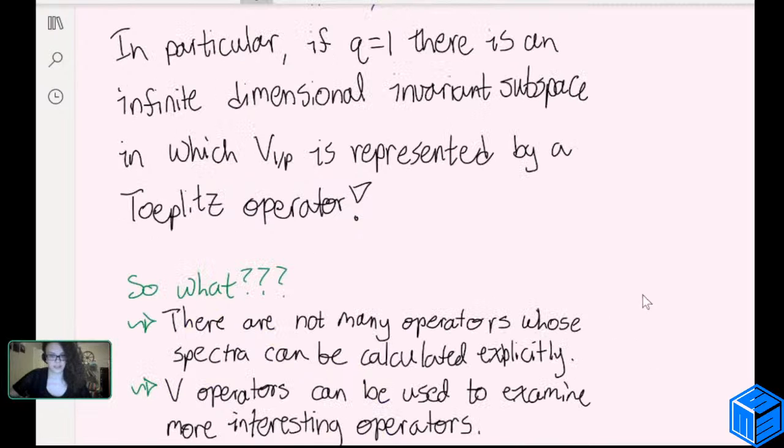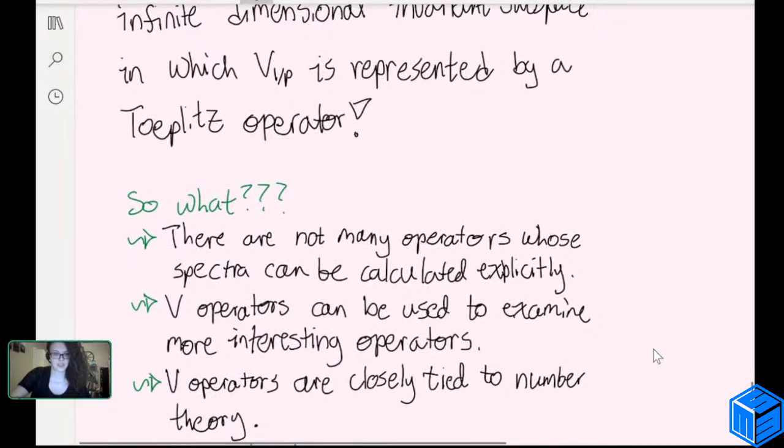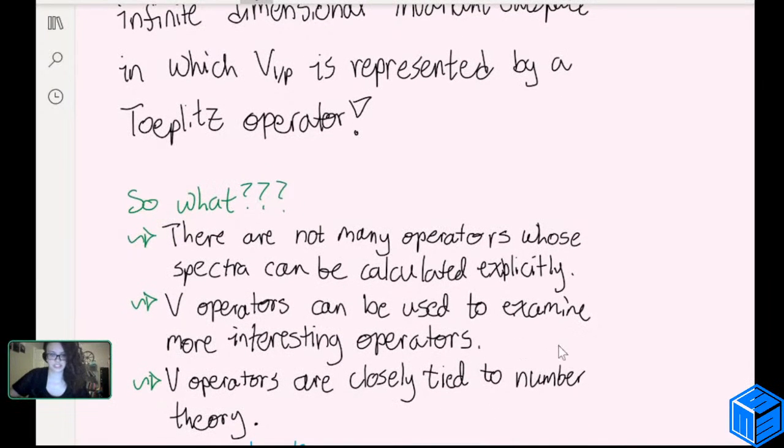V operators, which we've learned we can represent as Toeplitz operators or matrices in certain invariant subspaces, we can use them to examine more interesting operators. So we can write certain quantum operators as sums of V operators. And V operators are also closely tied to number theory.